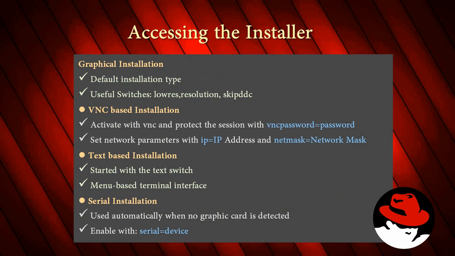The text-based installation, which is the command line interface, has to do with the text switch. It has a menu-based terminal interface. You have to select from certain options available in the menu. Then there is a serial installation, which is used automatically when a new graphic card is inserted. It is enabled by providing the argument device equals serial.